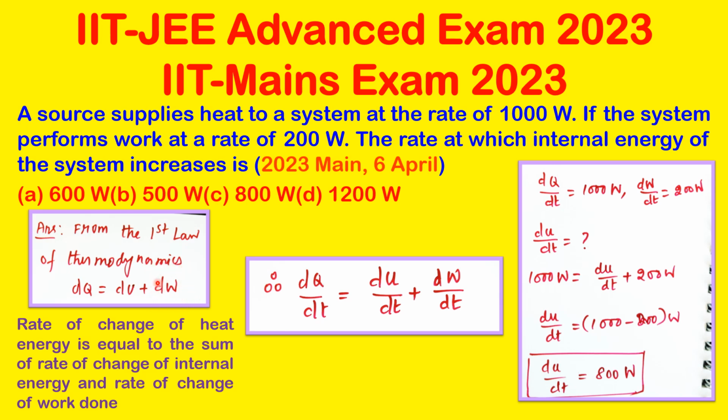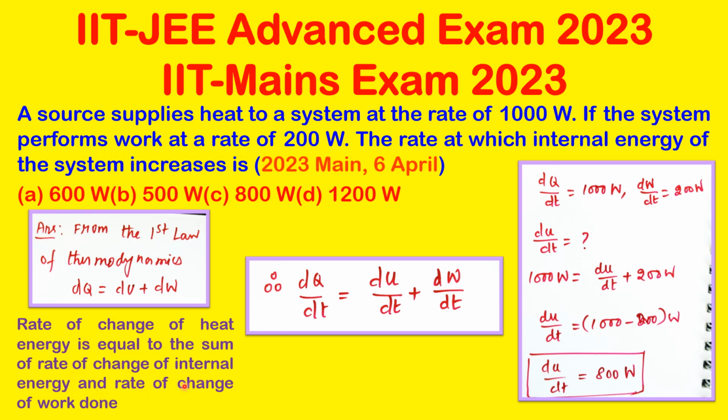We will modify the first law of thermodynamics a little bit to use it for this problem. We know that the rate of change of heat energy is equal to the sum of the rate of change of internal energy and the rate of change of work done.